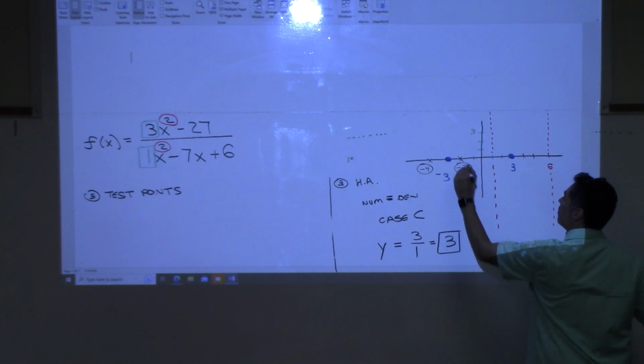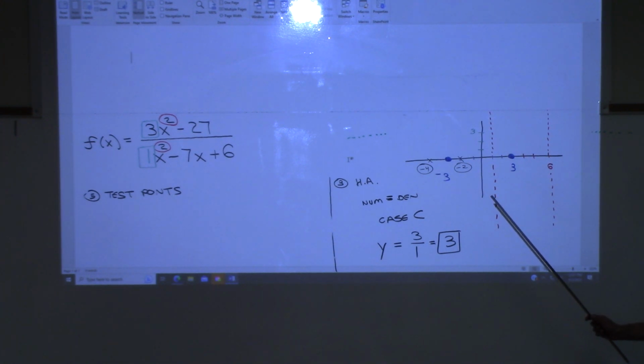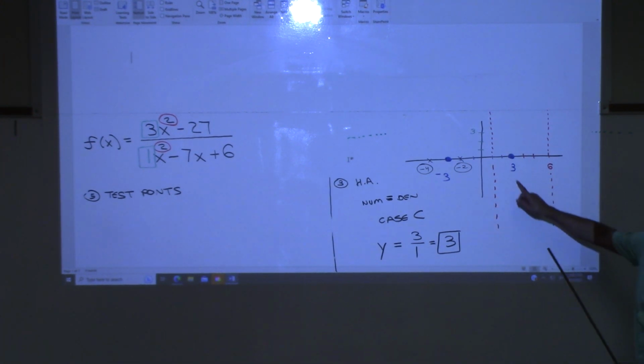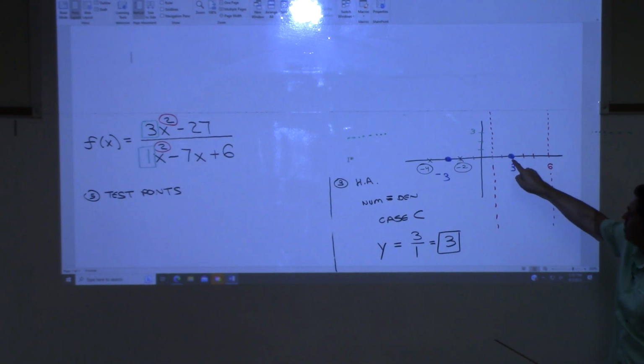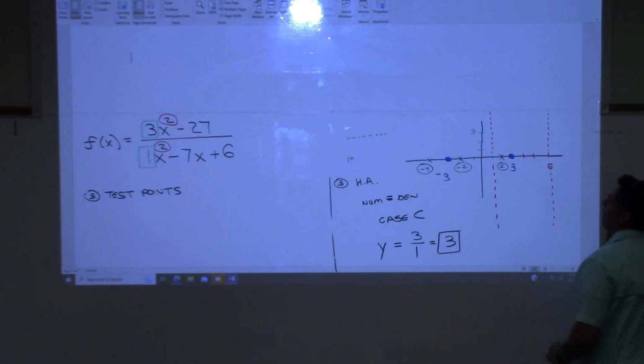Negative 2, that good? Could we have picked negative 1? Could we have picked 0? Yes. Okay, anything. Negative 2 was requested. Okay, next one. 2. You should pick something between this one and this one. 2. And then, next one. 4.